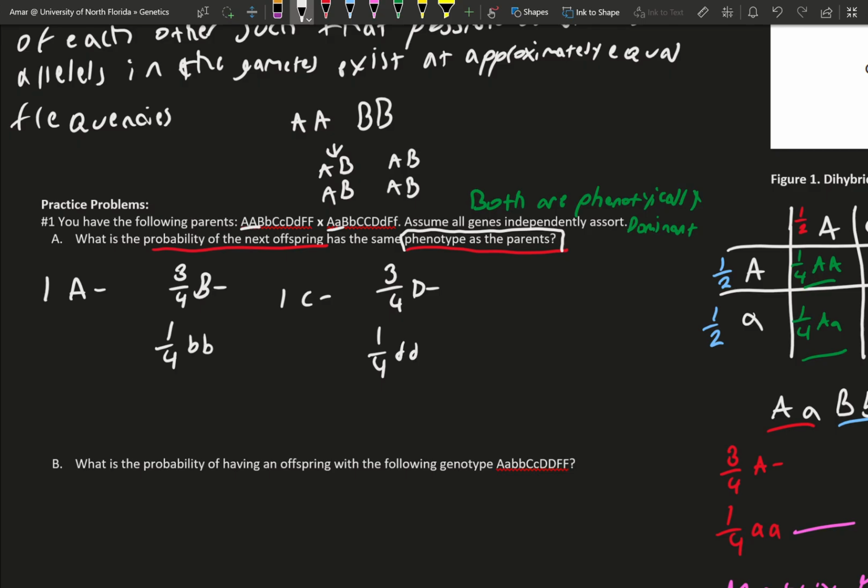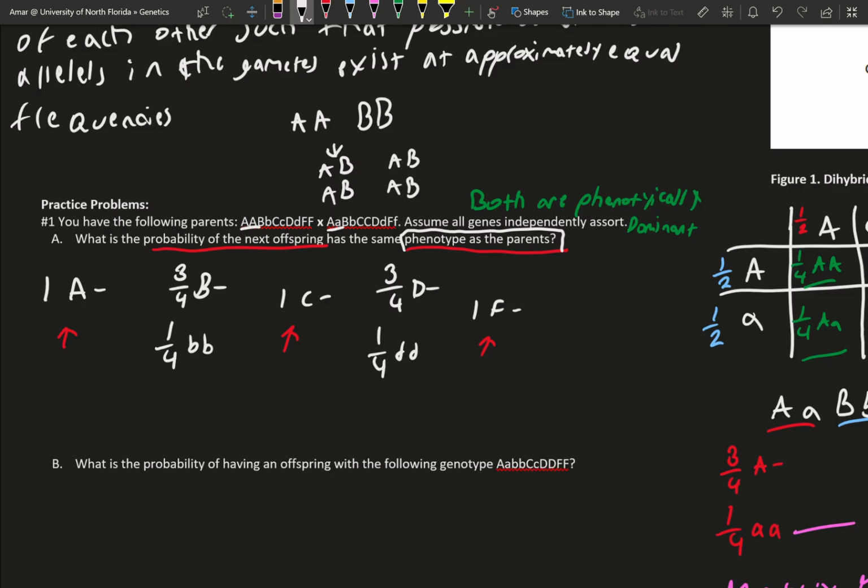And then the last one, big F with big F little f, the probability of getting a big F phenotype is 100% big F. So, because these are all 100%, we can ignore them. We don't have to include them in the calculation. The only ones that we have to include are the B and D genes.